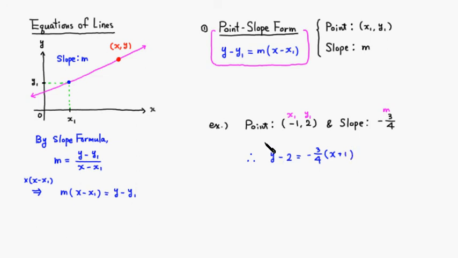That's the equation of the line passing through the point -1 comma 2, with the slope -3/4. That's it. I hope that this was clear.